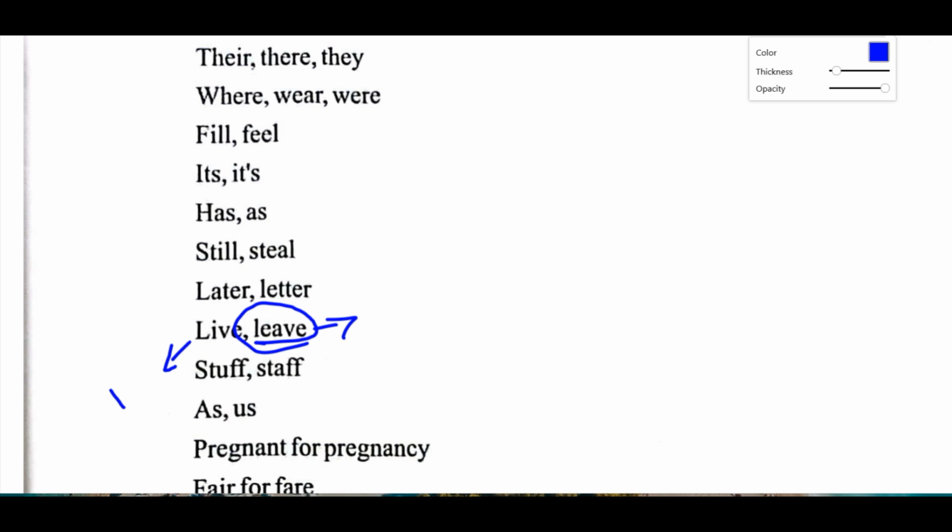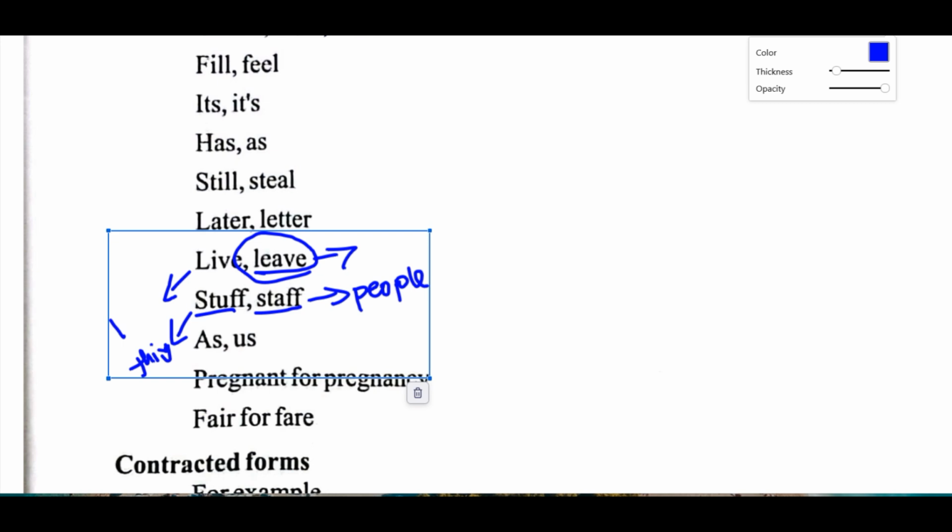Then we move on to "staff" and "stuff". This one is for things. This one is for people, like members of staff, like the staff room. So you need to make sure you understand these. Then we move on to "us" with "as" and "us".